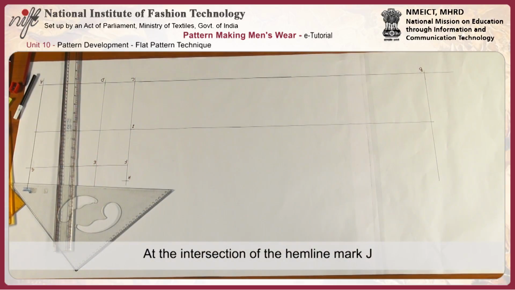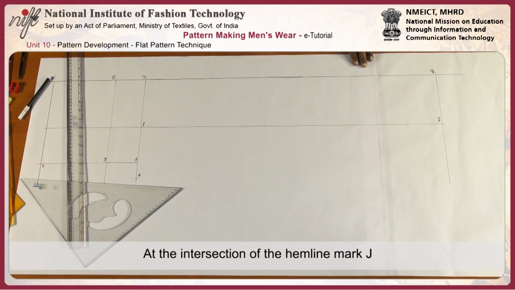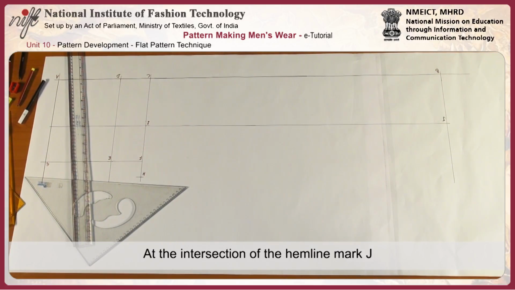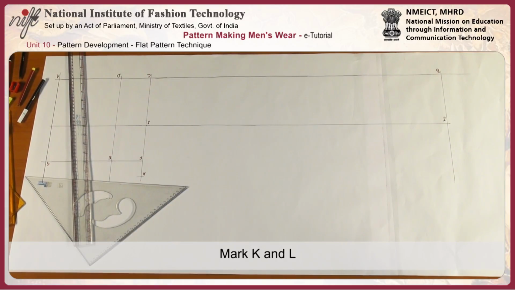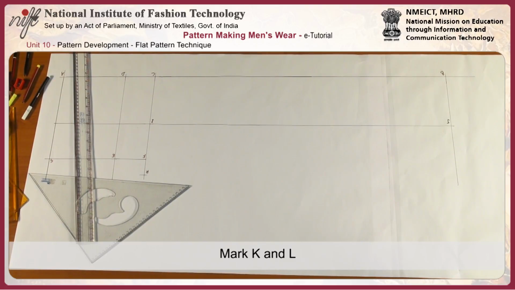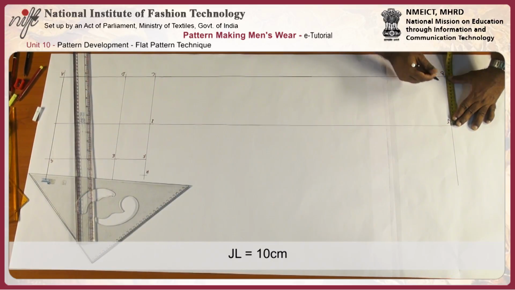The intersection at the hemline will be point J. Now let us mark point K and L. J to L is 10 centimeter, which is a part of the circumference at the bottom.